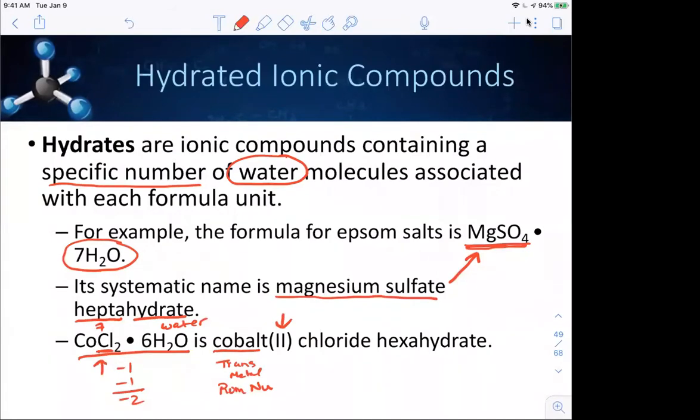So the name of this salt by itself is cobalt(II) chloride. And then 6 would be a prefix, hexa, like a hexagon. So this gives me the number of waters. And then hydrate is indicating that I do have water molecules in the crystal structure.